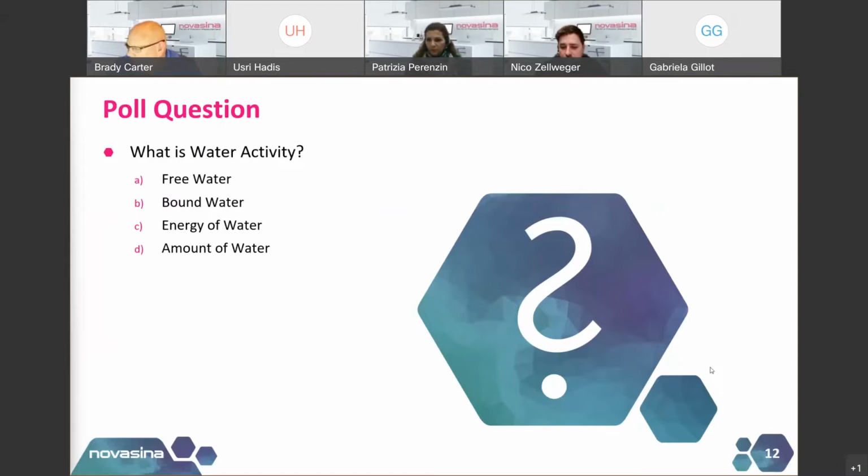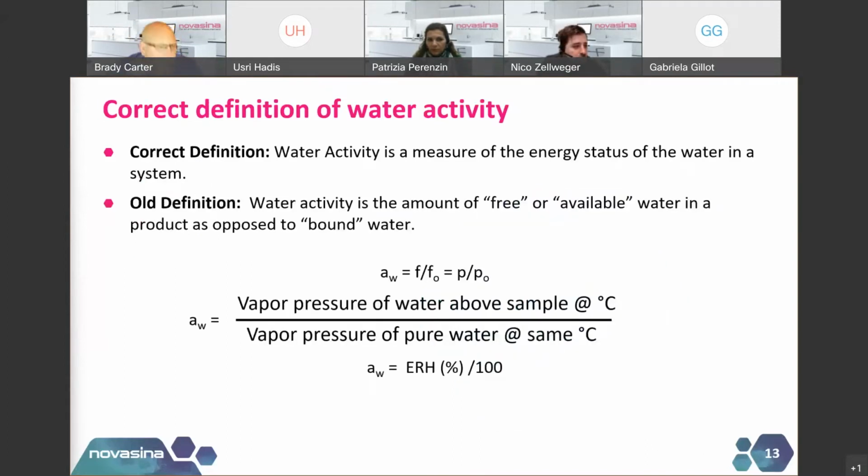We had one answer for the amount of water, and then we had 4 people vote for the energy of water. So interesting. It's not unusual for free water to be the most common term or definition used for water activity. It is how it's been referred to for a long time and still remains a way that people refer to water activity.